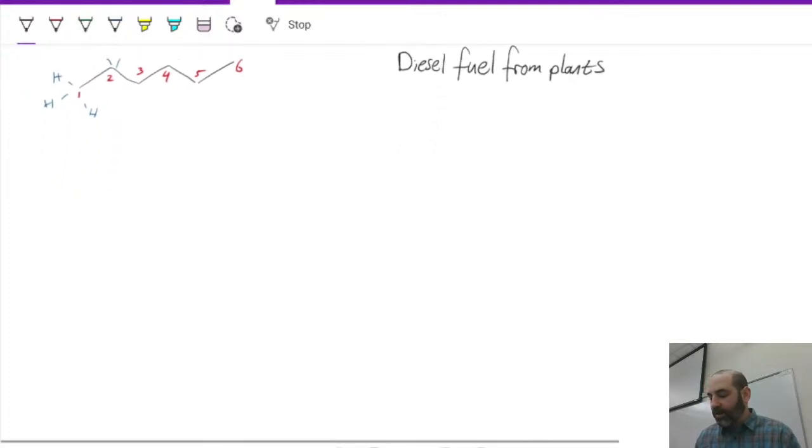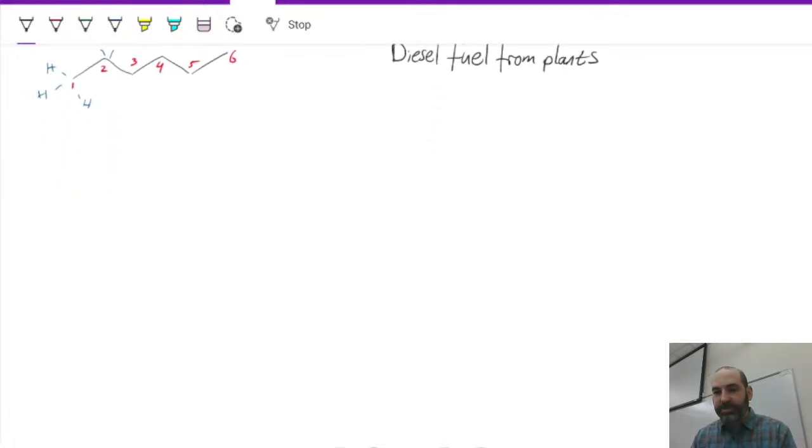So the way that we do that is it actually comes from the oil. You can make diesel fuel from most plant-based oils. We're going to use vegetable oil or canola oil.